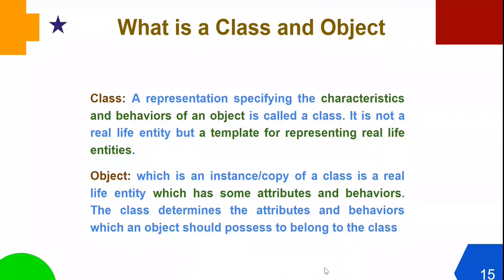It is not a real-life entity, but a template for representing real-life entities. What is the meaning of real-life entity? The objects or things existing in the real world are called real-life entities, which contain some values. And the object, which is a copy of a class, is a real-life entity which has some attributes and behavior. The class determines the attributes and behavior which an object should possess to belong to the class.